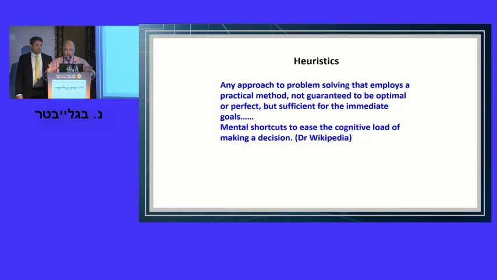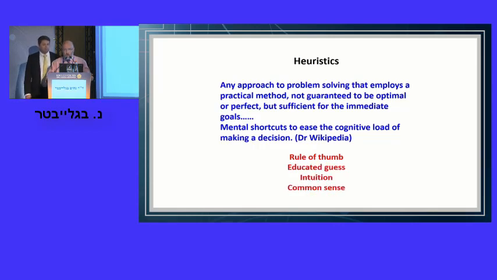If you do that, you'll be dead. You must use intuition and heuristics. And we use heuristics on a daily basis. We call it by other names like rule of thumb, educated guess, intuition, common sense.